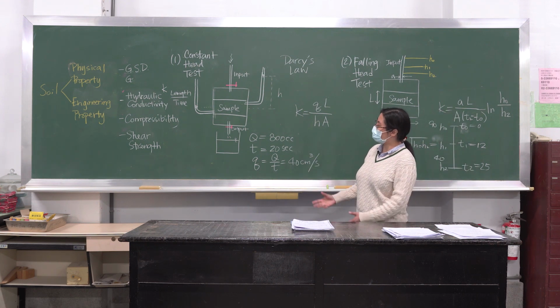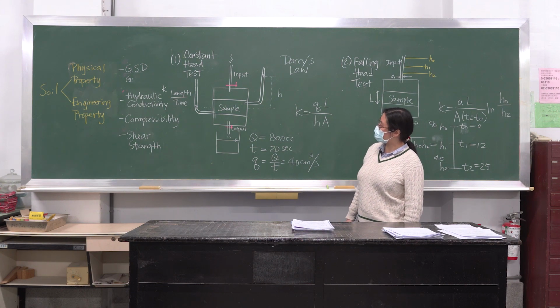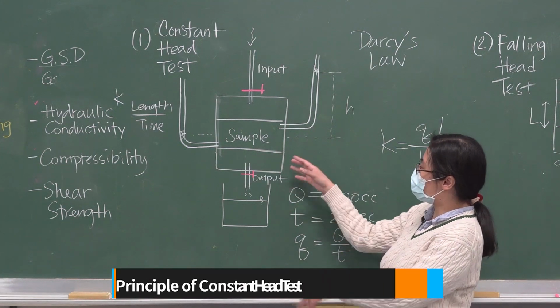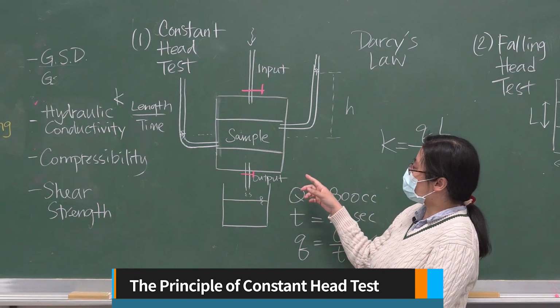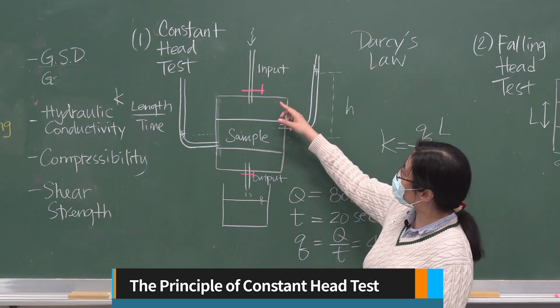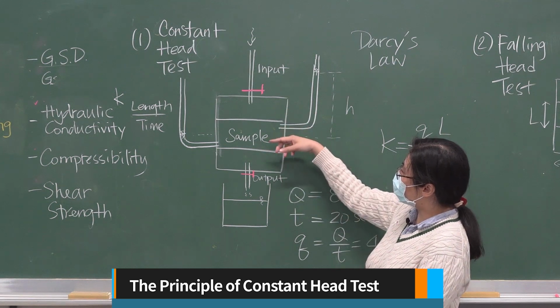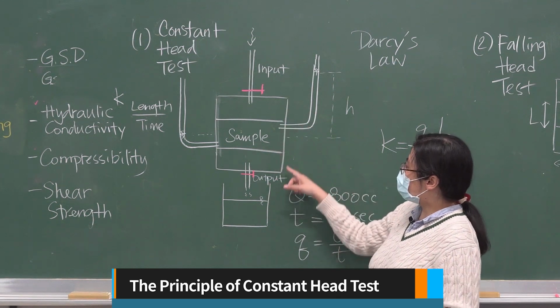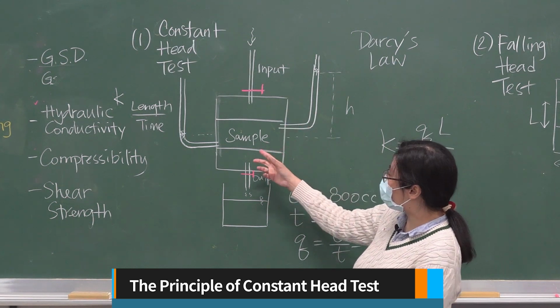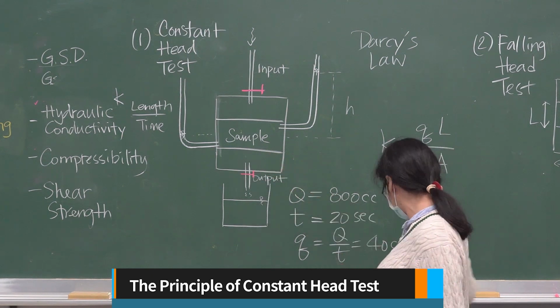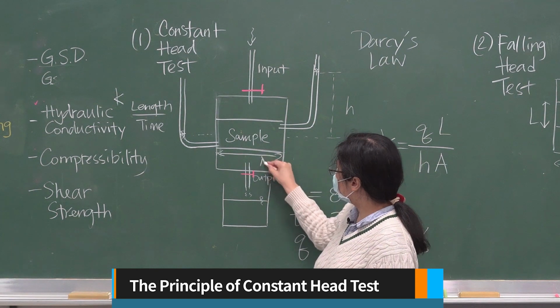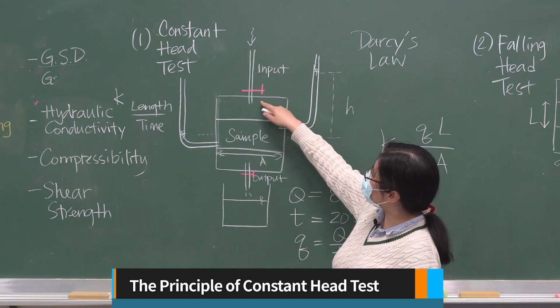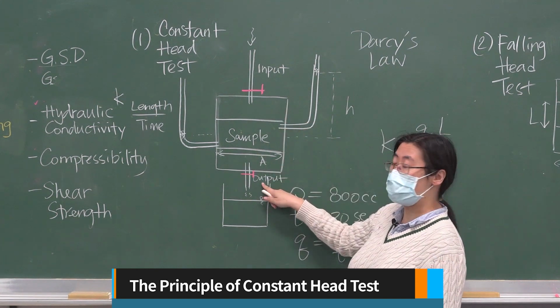The principle behind this test is as follows. First of all, this is the schematic diagram for the constant head test. You will have a sample and there will be water flowing through this sample. This sample has a cross-sectional area of A, which is this area here. And then there is inflow and outflow of water.